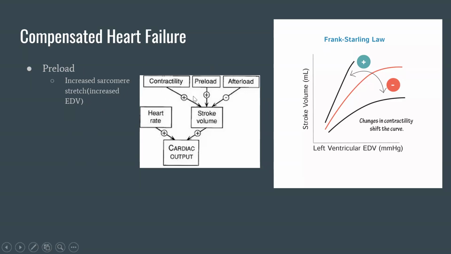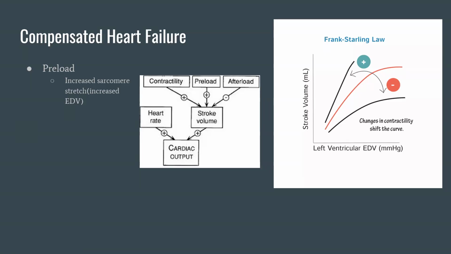Contractility, that's how well the sarcomeres of the myocardium are squeezing. So all of these play a role in compensating heart failure. So how the heart will compensate when someone has, say, a low ejection fraction, a structural problem with the heart, the heart will increase the sarcomere stretch to increase end diastolic volume so that there's greater preload to make up for it.